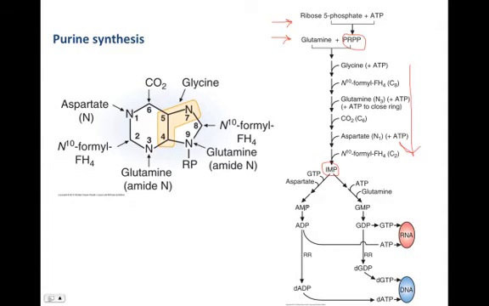AMP synthesis requires GDP, and GMP synthesis requires ATP. We'll look at this a little more closely on a few slides.